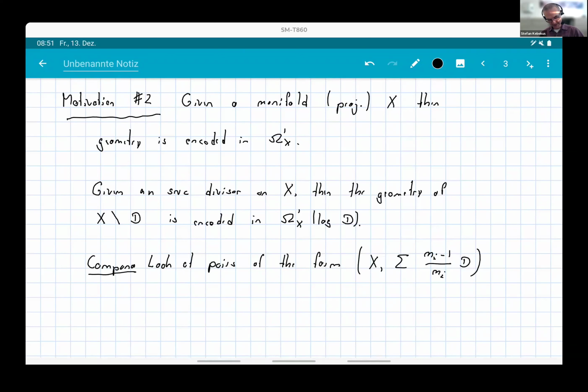So if all m_i equal 1, then the divisor vanishes.